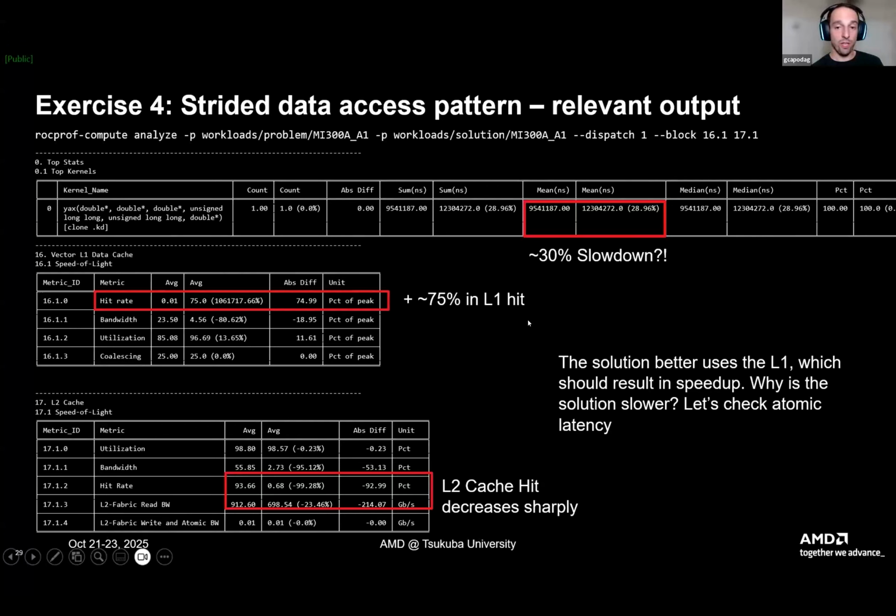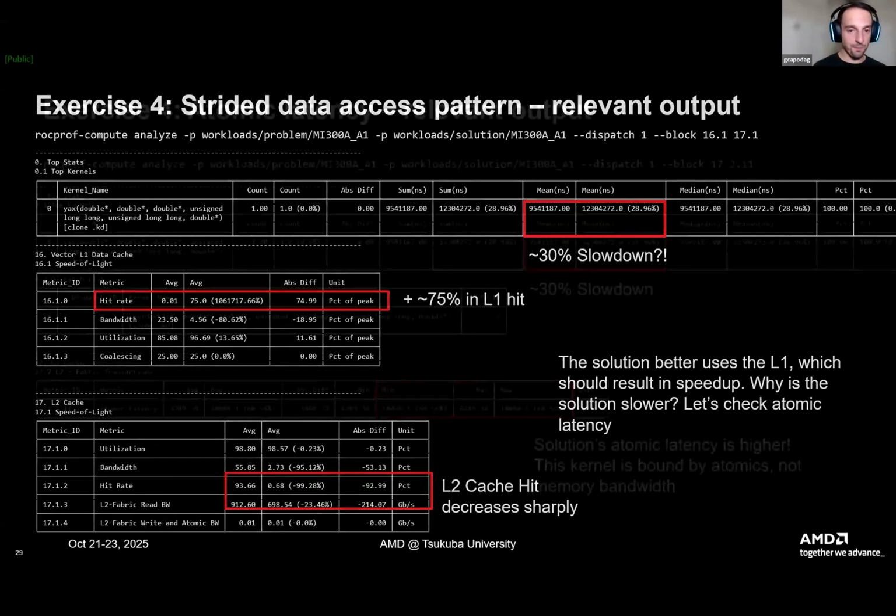So now we are indeed making better use of the cache. So why are we getting the slowdown? Well, in this example, there's also an atomic operation. So we need to check what happens with that, and maybe that's the bottleneck now that we have optimized the data read processing, removing the striding.